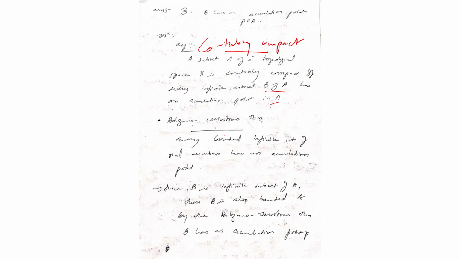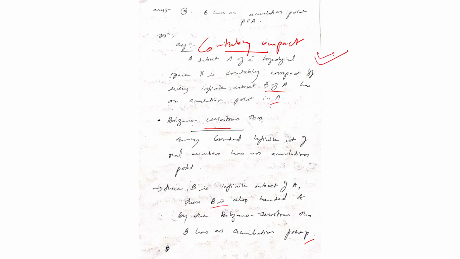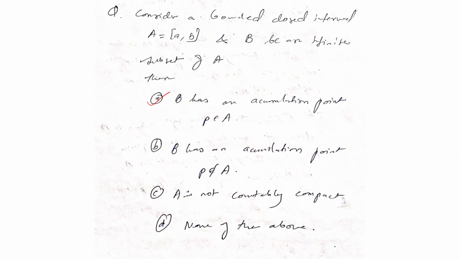Fine. And there is the Bolzano-Weierstrass theorem that says every bounded infinite set of real numbers has an accumulation point. B is an infinite subset of A, and B is also bounded since A is bounded. Therefore, by the Bolzano-Weierstrass theorem, B has an accumulation point P. Furthermore, since A is closed, the accumulation point P of B belongs to A. By the definition of countable compactness, every infinite subset B of A has an accumulation point in A, and here we got P that belongs to A. So we can say that our space is also countably compact.